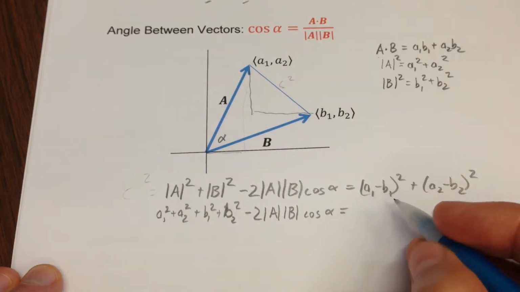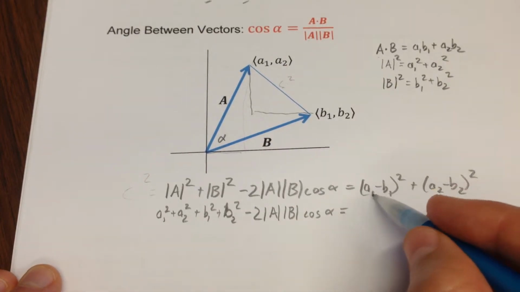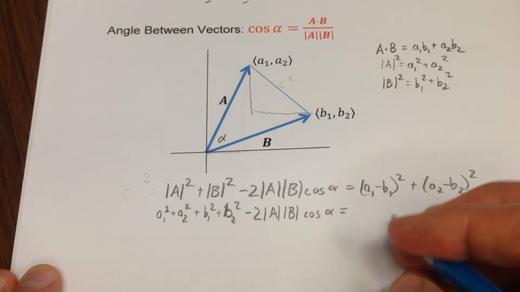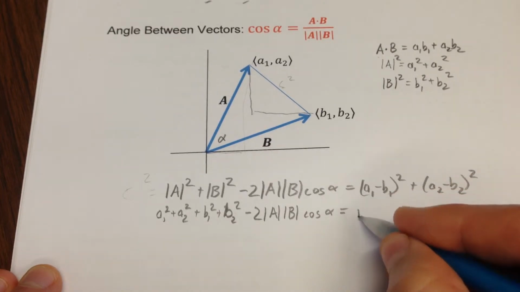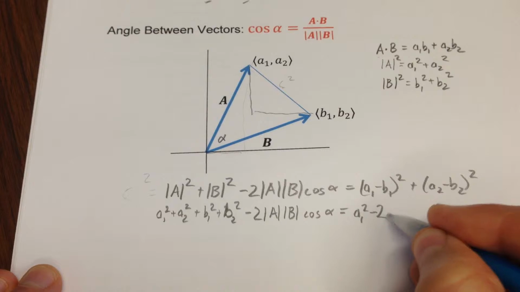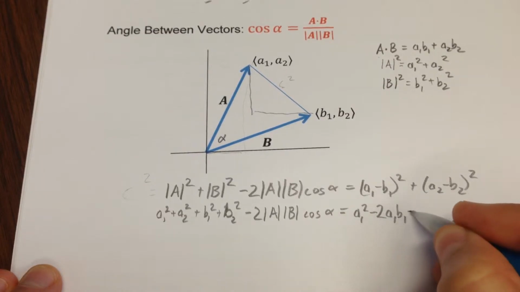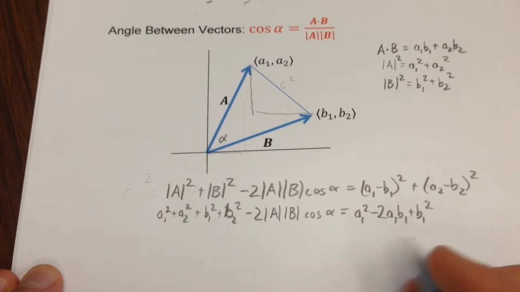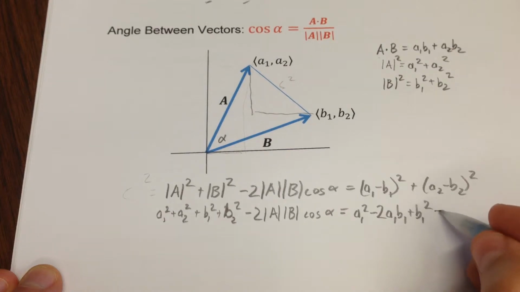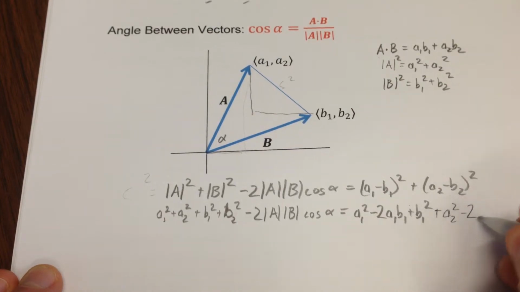If I'm going to multiply this times itself, A1 minus B1 times A1 minus B1 is A1 squared minus 2 A1 B1 plus B1 squared. Check and make sure you believe that. Then squaring this one gives me A2 squared minus 2 A2 B2 plus B2 squared.